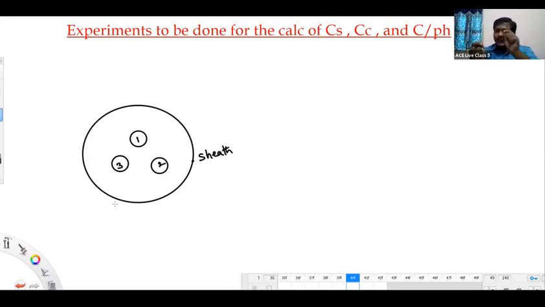After connecting that, I will measure the capacitance from the remaining core, that is, core 1 to sheath. This is experiment number 1.